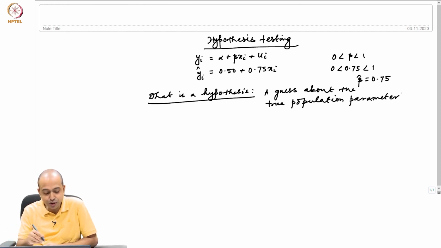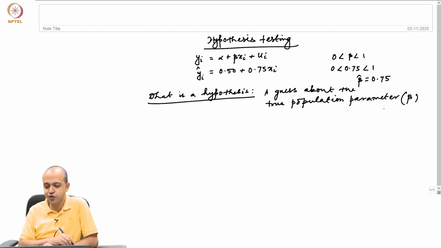In this context, what is the true population parameter? Alpha and beta, let us say beta here. So, what is our guess? We are guessing that beta is greater than 0.